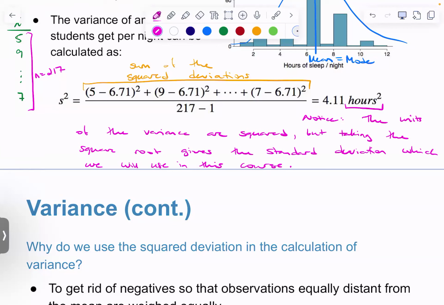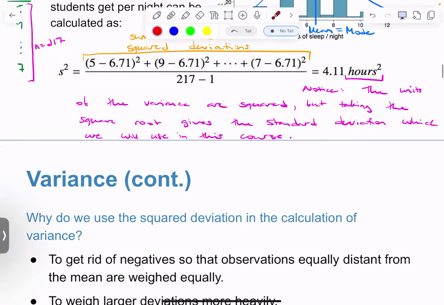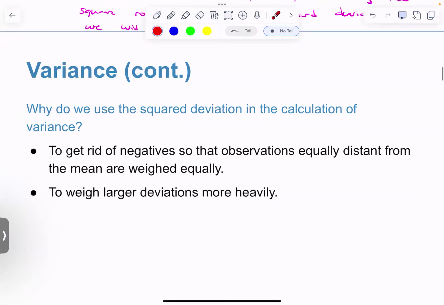Which is kind of confusing because later on in upper level stats, you only use the variance. But we start here because we don't want to deal with hours squared, for example. All our units would be squared. Ugh. So this is basically all we'll see of the variance. But it does introduce the calculation a little bit nicer because we don't have that big square root.